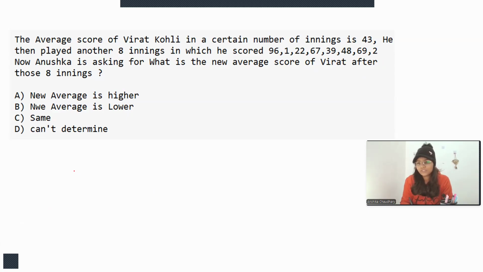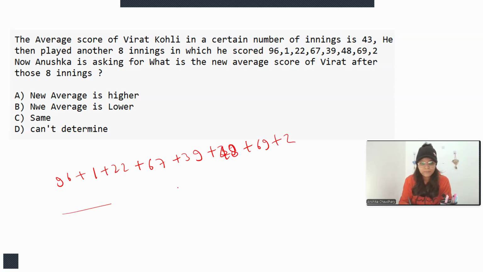So the average formula is so simple: sum upon total number of elements present. So the sum will be 96 plus 1 plus 22 plus 67 plus 39 plus 48, sorry, 69 plus 2, upon the total of 8.